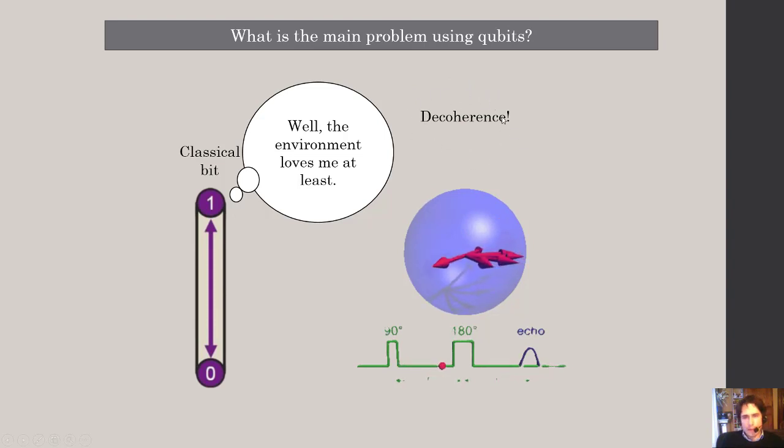So, for example, we have an atom which can collide with all those atoms so that the superposition disappears. So the point is that the qubits of the system must be completely isolated from its environment to work properly.